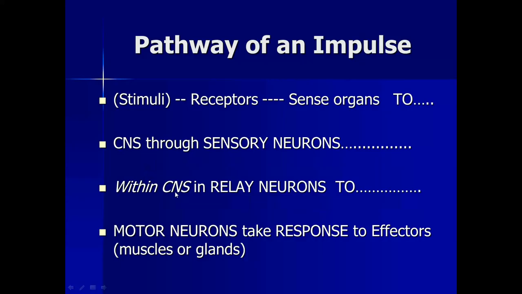Within the central nervous system itself, relay or interneurons transfer the impulse; you find only relay neurons in the central nervous system itself. They hand off the impulse to the response, which is taken back to the muscle or the gland by motor neurons through effectors. So two effectors.